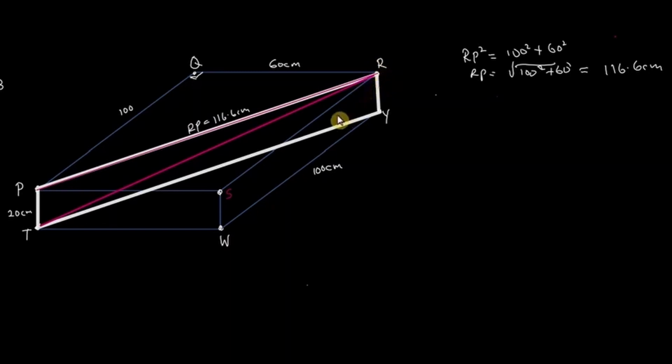So what I'd like you to do is recall that what we've done so far is we've taken a line from R to P, which is this red line, and we've drawn a new line which is effectively moving this line all the way from P down to T. So it has now moved from P down to T. And how I'd like you to visualize this is to imagine that this cuboid is a slice of cheese that I've cut along the diagonal.